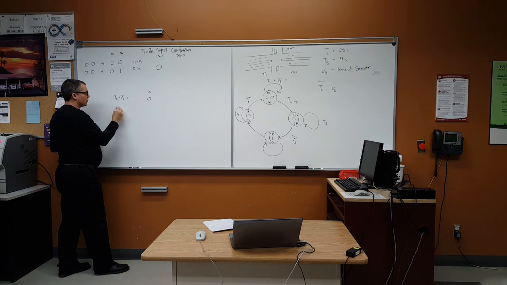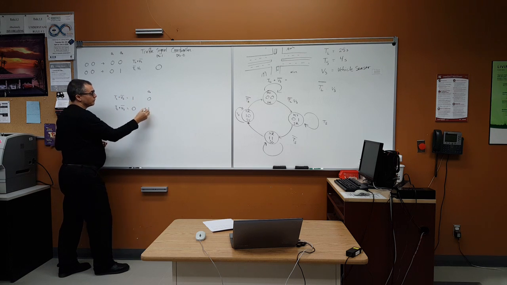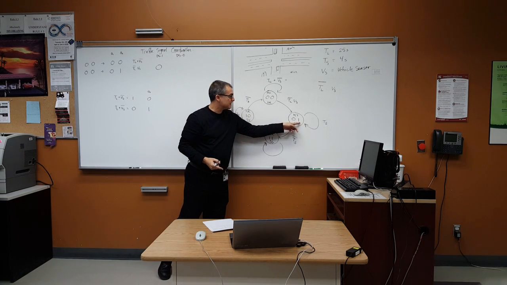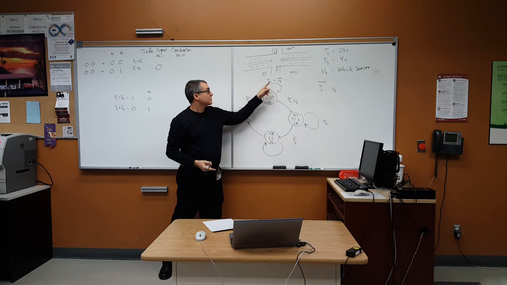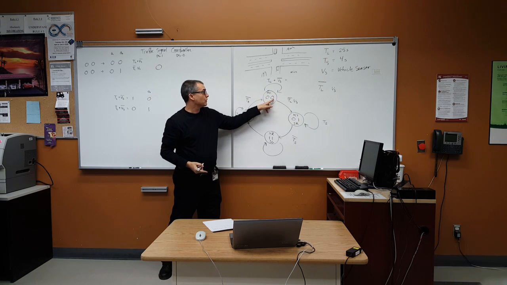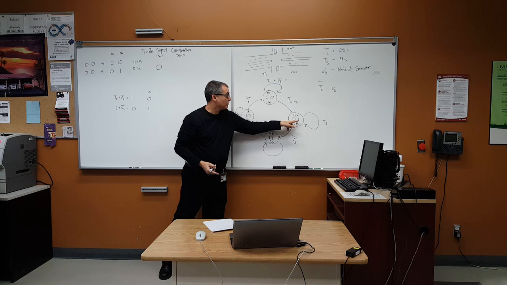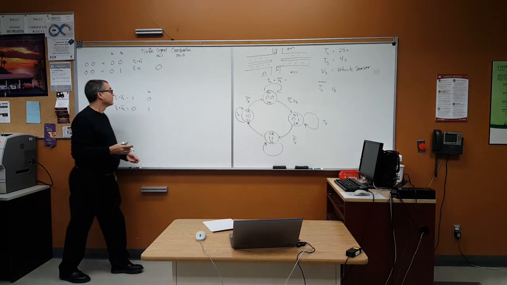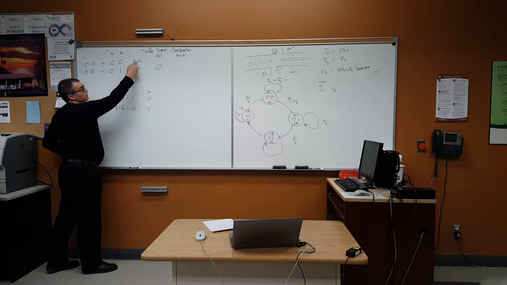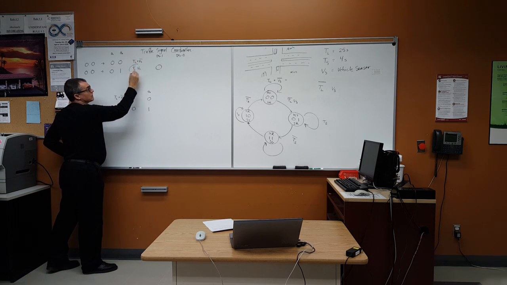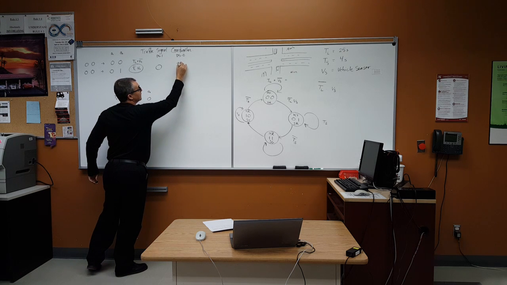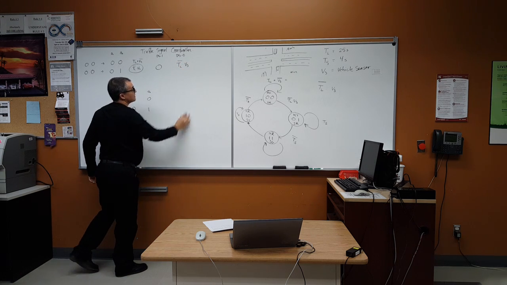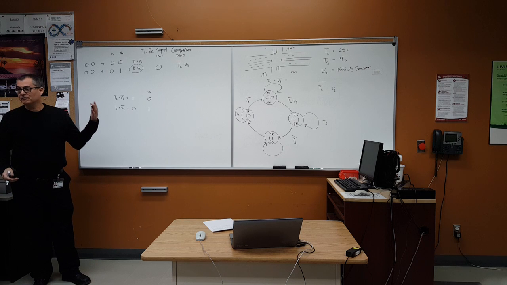When TL or VS naught equals 0, you need this to be a 1, because when it equals 0, you're going to the next state, so this has to be 1. So when this is 1, this has to be 0. When this is 0, this has to be 1. So that's an inverse relationship. So you're not going to take this, you're going to take the naught of that, which is this. So in this box, you'll have TL naught VS. Now when you see that table in the lab, that's already filled in for you, but I'm just going through it so you can see how I got that.